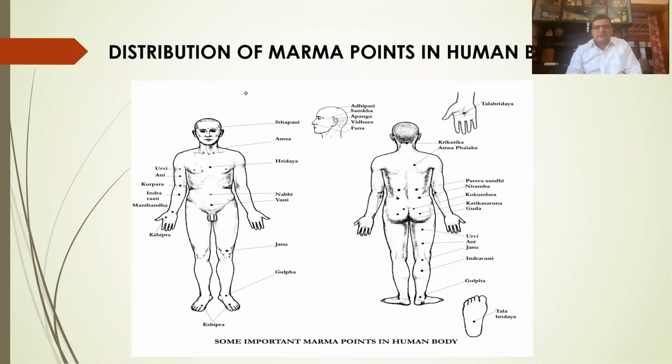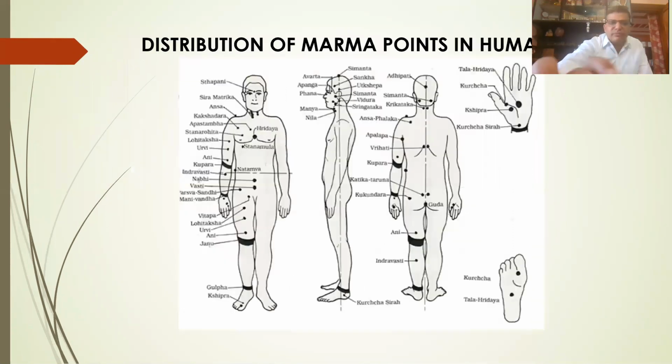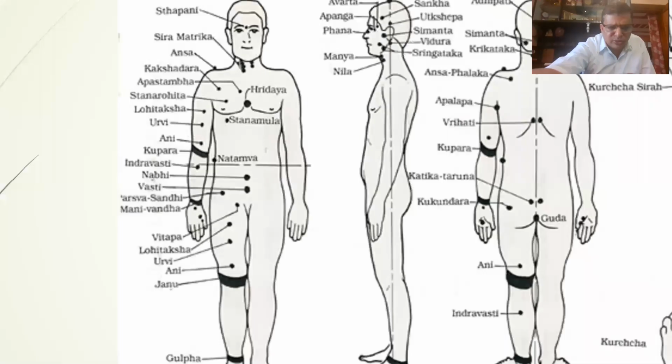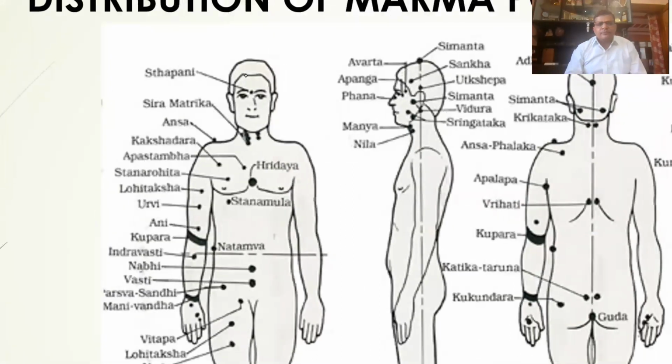So I have given an introduction to these Marma points in our body. Now let us look at the distribution of Marma points in the human body. Look at the diagram in front. This is Sthapani, and in the neck region there are Sira Matrika. This one is the Ansa Marma, and here is the Kakshadhar. Here is the Apasthamba.